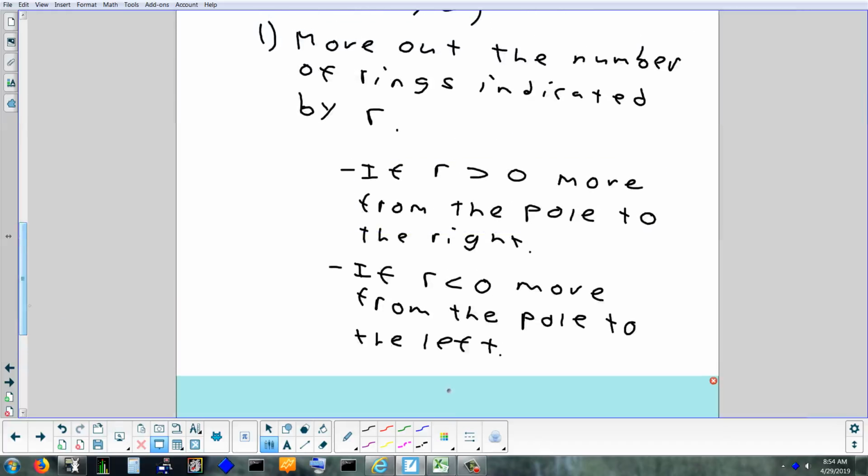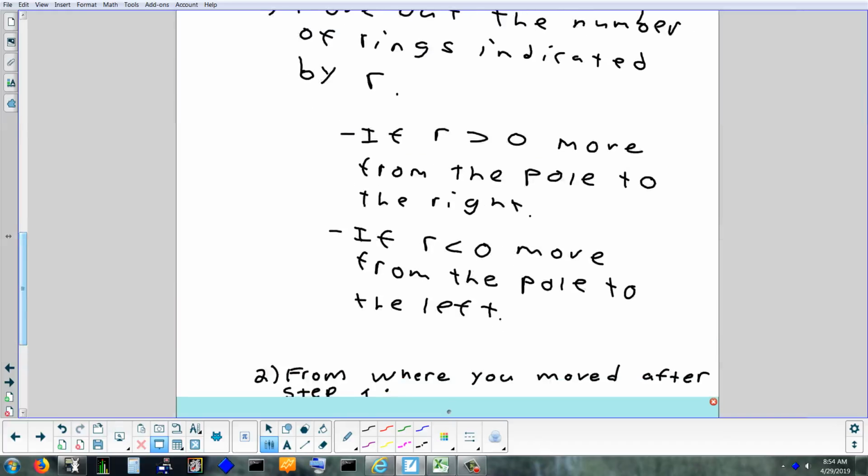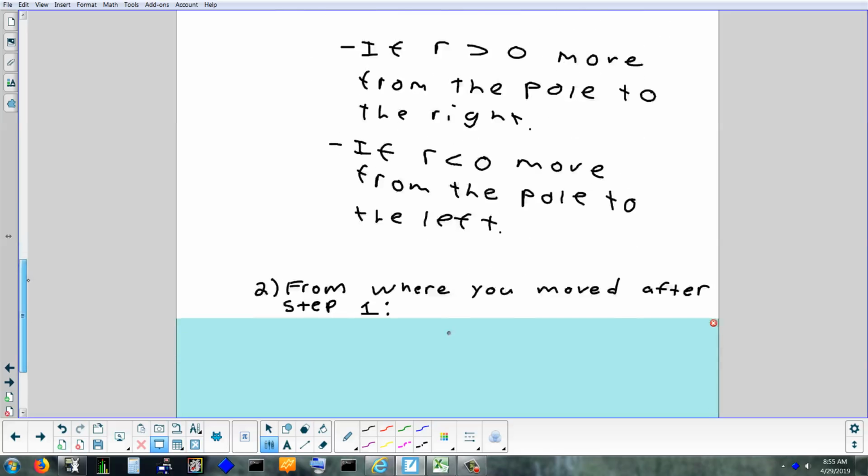Now, the second part of the coordinate has to do with an angle. When you're moving in circular motion, you don't really have left, right, up, and down. What are the two directions you can move when you're moving on a circle? Yep, clockwise and counterclockwise. Which way is which? Well, it depends if the angle is positive or negative.